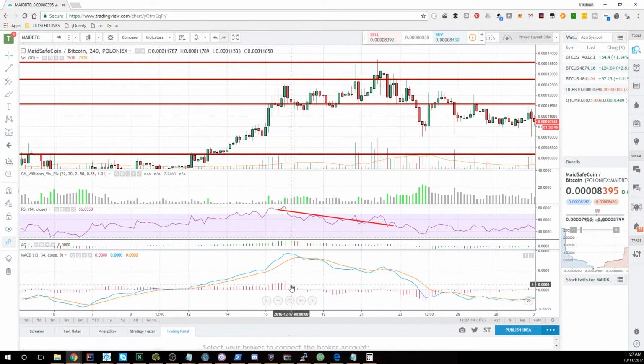This is convergence occurring. You can see it up here, but it's easier to see in the histogram. If you just look at your histogram, you can see that divergence was occurring on the upside. You can see that divergence was occurring on the downside. And you can see on the histogram right here where the crossing occurred. You can see in the red line and the blue line where they touch, and that's convergence.